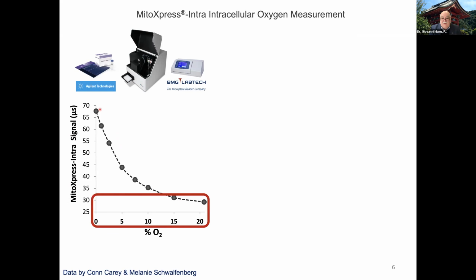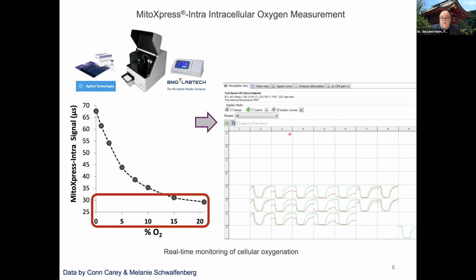And this is just to show you here an image that we take from the software of this machine, and we can measure both the ambient oxygen level in the plate reader as well as the intracellular oxygen level in cells. And that allows us to determine real-time oxygen levels in living cells under defined ambient headspace in the workstations.